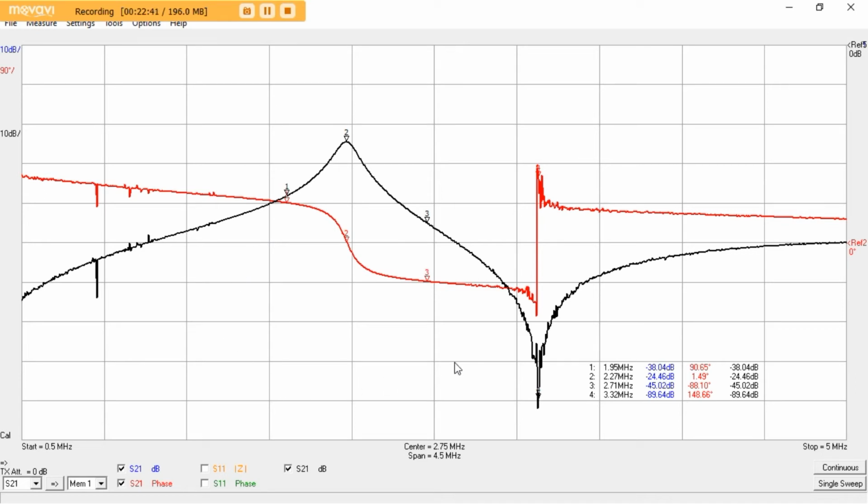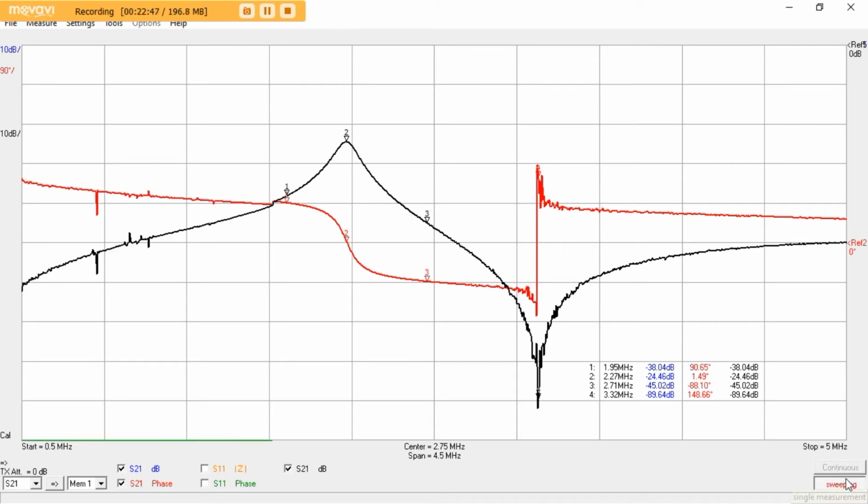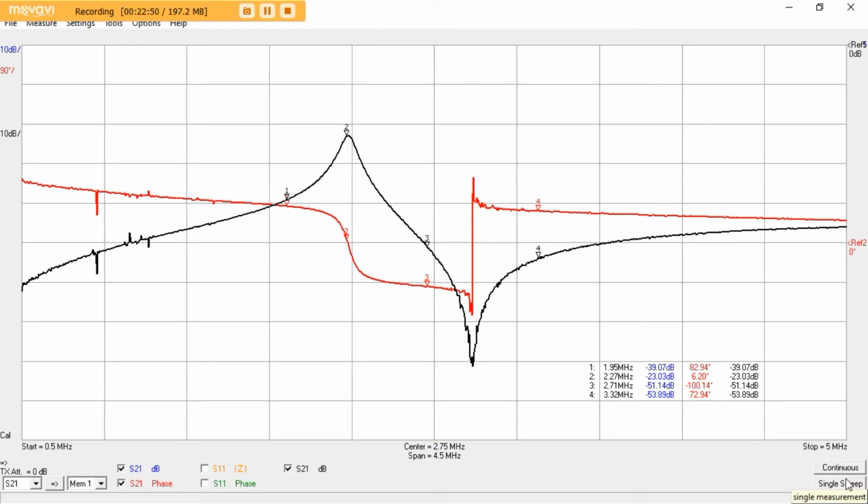So if I now move it back to 4 turns of the primary, take another sweep. I was expecting that to stay still.